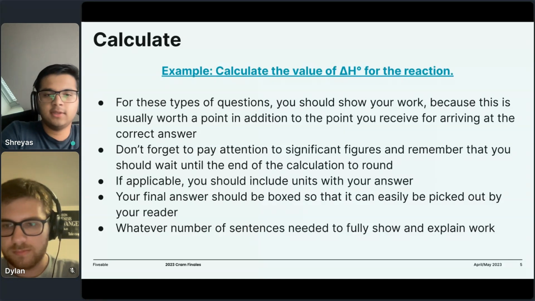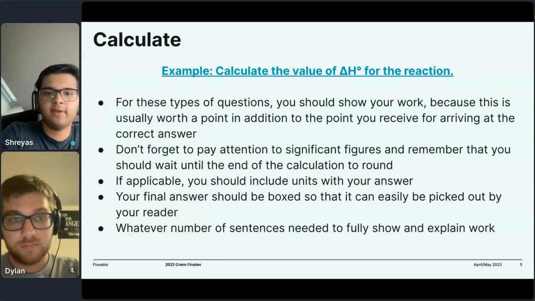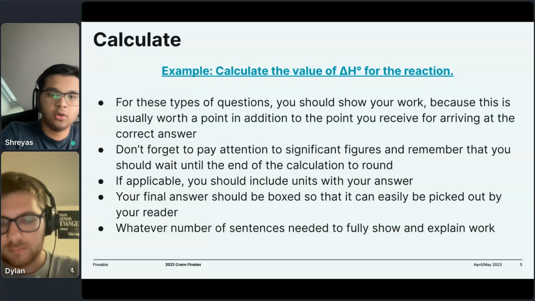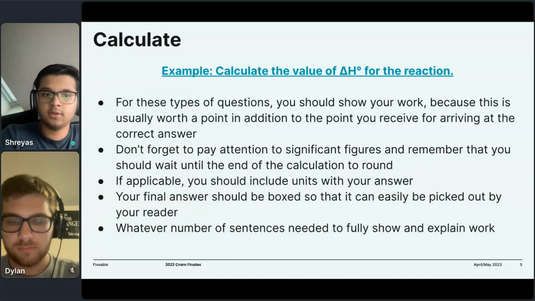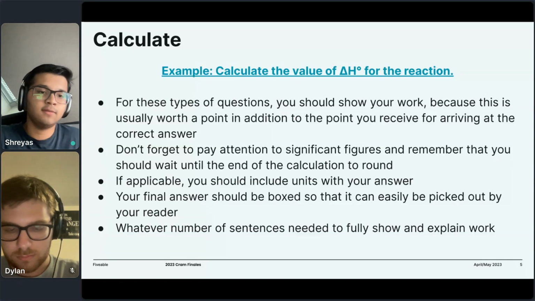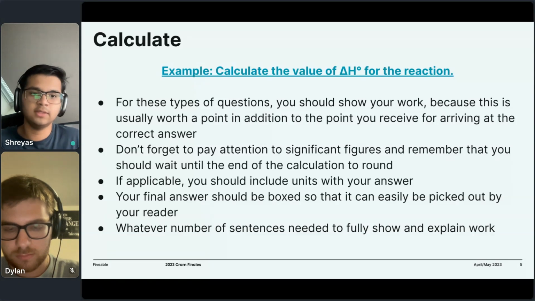For these types of questions, as you can see in the example, it says calculate the value of delta H for the reaction. For these types of questions, you need to show your work because you'll get points through showing your work, and you can't just have the right answer in the end, because if you don't show your work, you'll lose points.